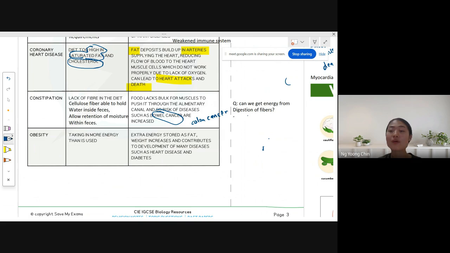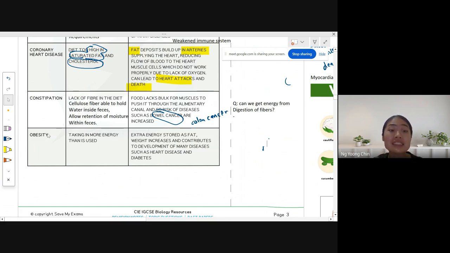I think you heard about it before, right? 大肠癌. Colon cancer nowadays is quite a common cancer, affecting especially the Chinese population. Colon cancer, 大肠癌, is due to their diet, as they did not get enough supply of fiber from their diet.